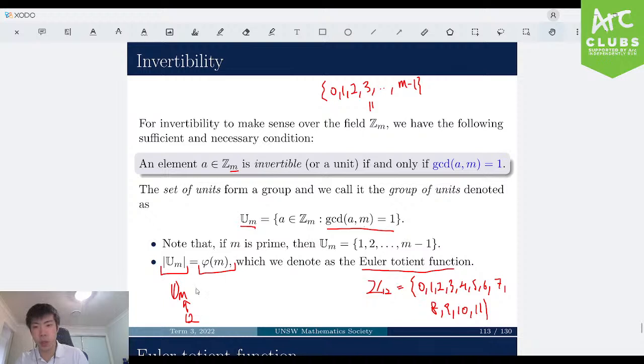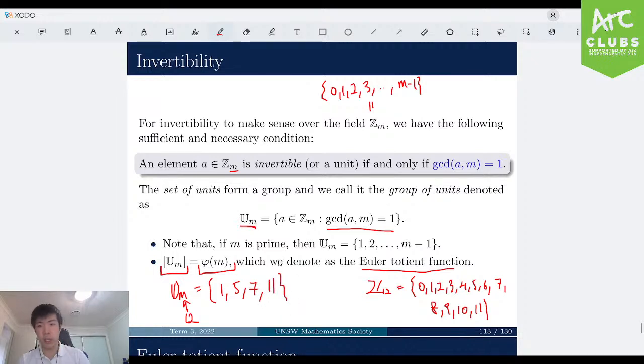So U12 would consist of, well, not 0, because the GCD of 0 with 12 would be 12. 1 would work. 2 wouldn't work because 2 has a common factor with 12. 3 wouldn't work, 4 wouldn't work for the same reason. The next number that would work is 5. 6 wouldn't work. 7 would work. 8, 9 and 10 wouldn't work. 11 would work.